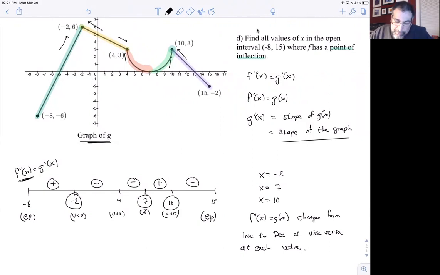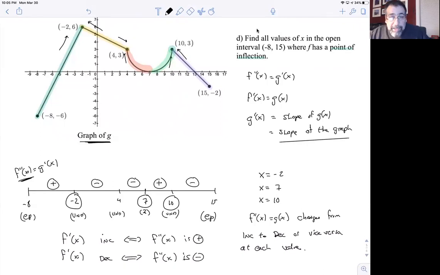Because if f prime is increasing, another way of saying that is the derivative of f prime is positive. And if f prime of x is decreasing, another way of saying that is the second derivative of f is negative. So again, just to make sure I said that clearly before, if we know f prime is increasing, it means f double prime is positive. If we know f prime is decreasing, it means f double prime is negative. So we're really saying that the concavity is changing in each of these places.